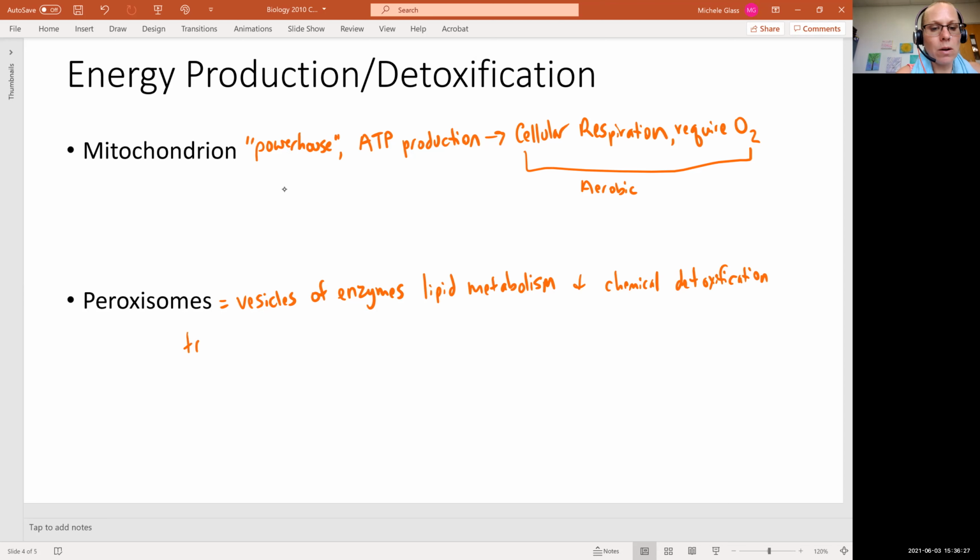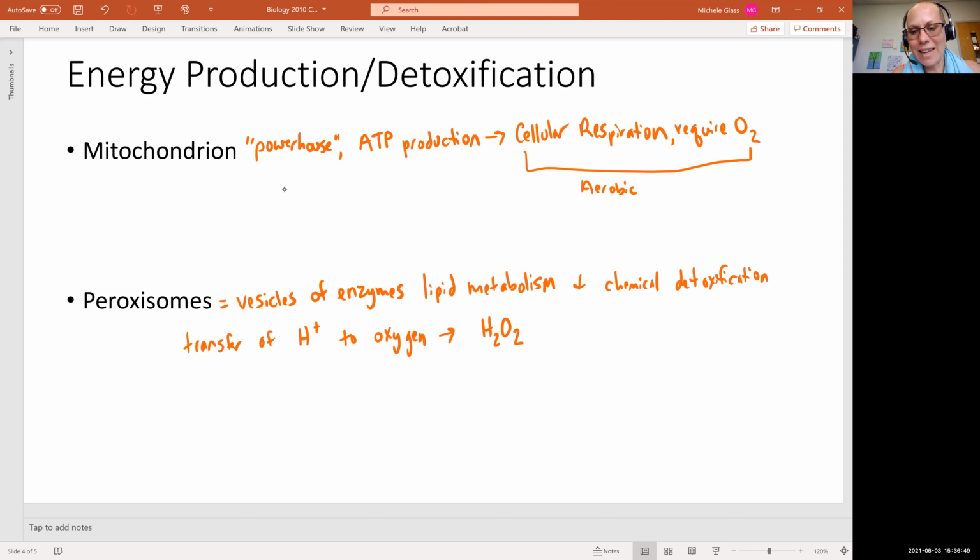Basically, what's happening here is you're going to see the transfer of hydrogen ion to oxygen, which basically produces H2O2, which is hydrogen peroxide.